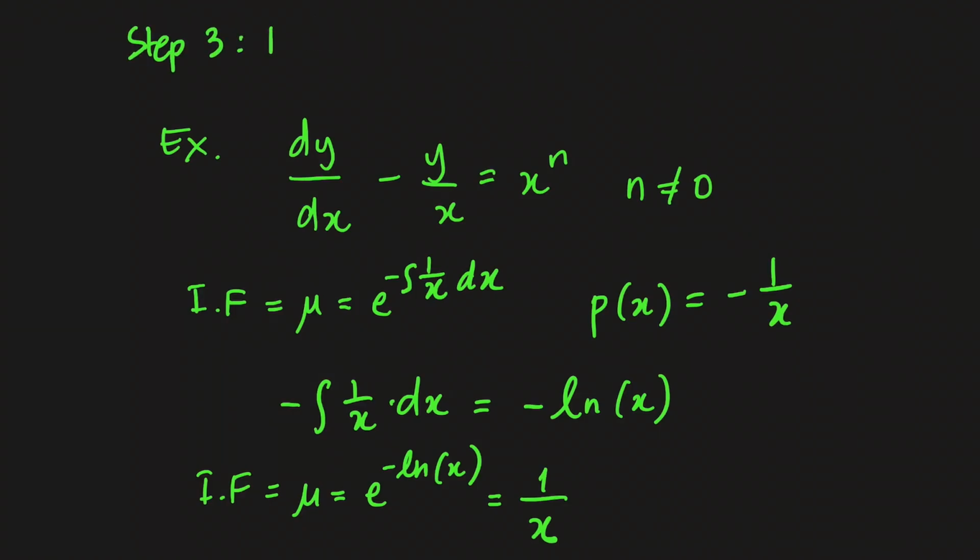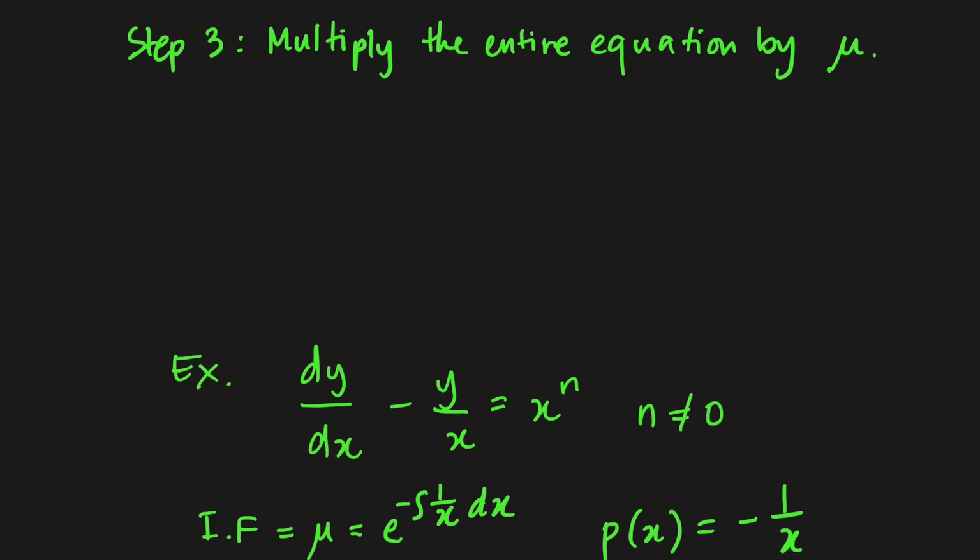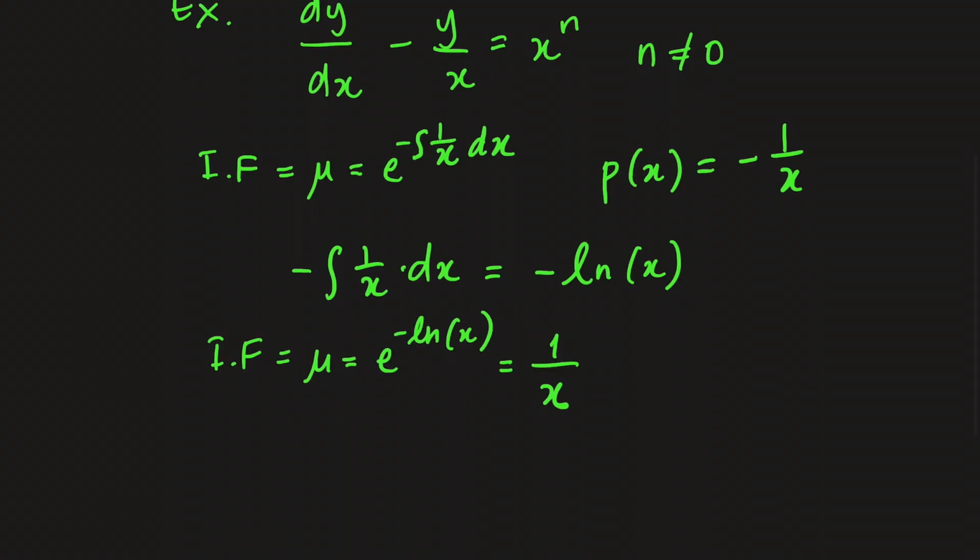Step 3 is to multiply the entire equation by mu. So by doing the left-hand side of the equation first, this will become the derivative of mu y equals mu times f of x. So let's go back to our example.